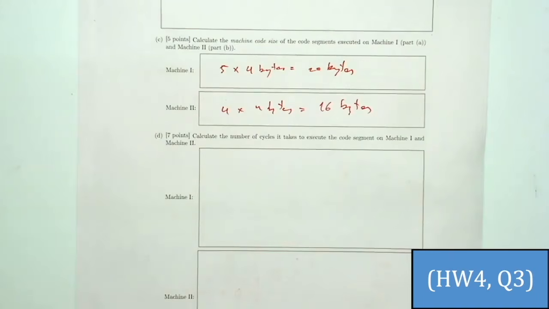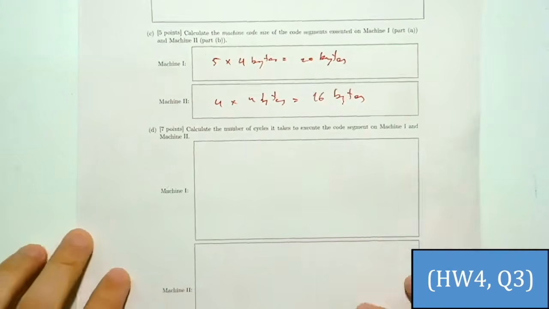Okay, so for the static instructions. Yes, you make a loop over these 4 instructions, right? If you have an infinite loop, you will have infinite source code. It doesn't make sense, right?